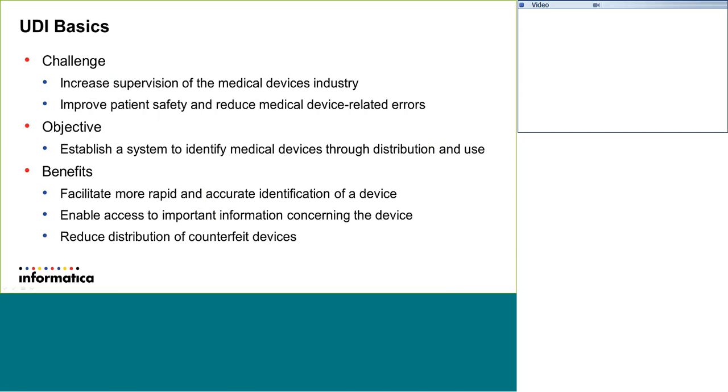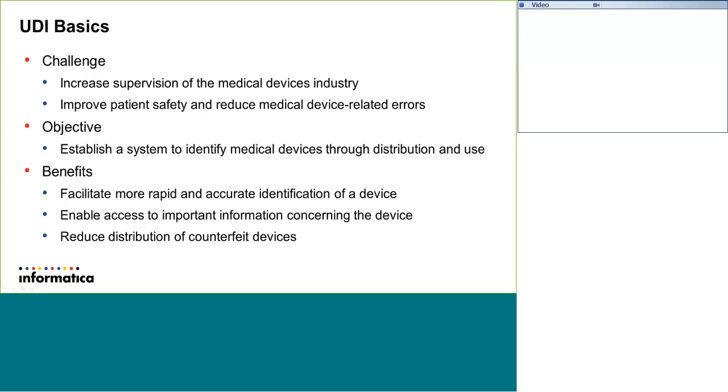In response, the FDA decided to increase the oversight of the medical devices industry. It has issued a new requirement, the Unique Device Identification Regulation, to improve identification and tracking of medical devices. To facilitate the new regulation, the FDA introduced a consistent and automated way to identify and track medical devices distributed in the US.